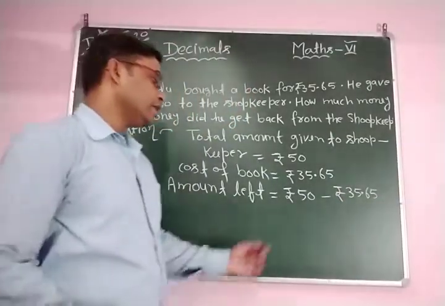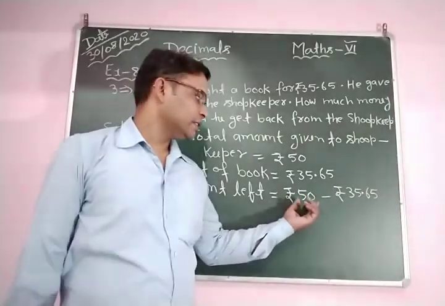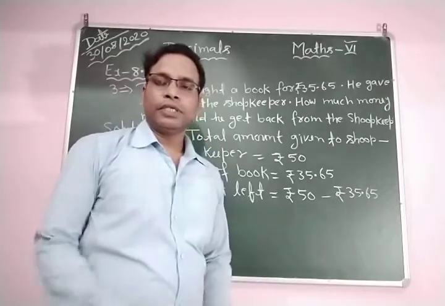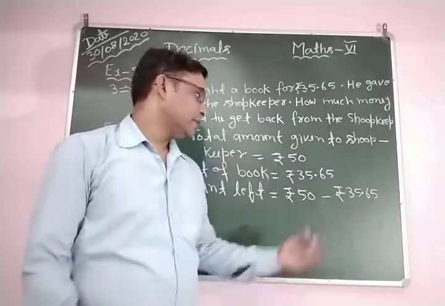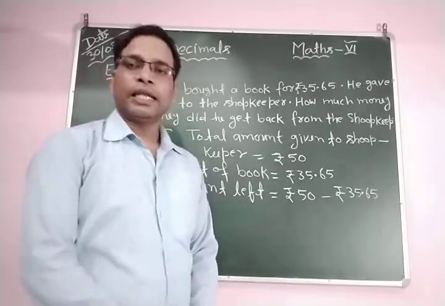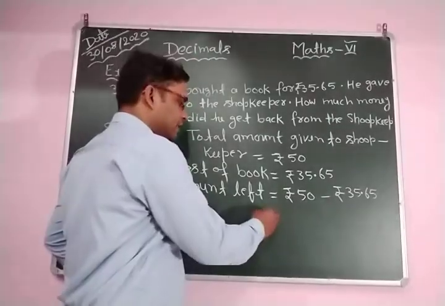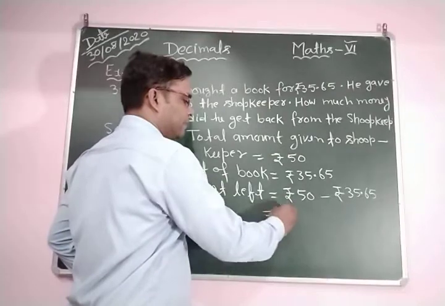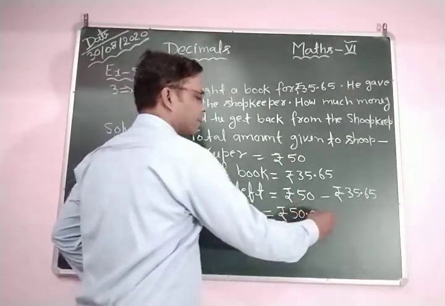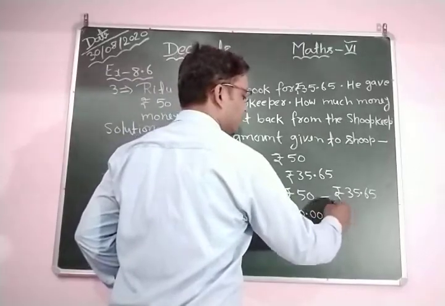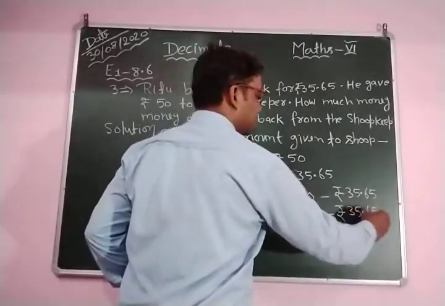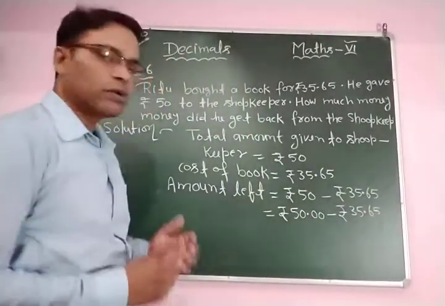Here you can see that in this decimal number there are 2 digits after the decimal, but here there is no digit after the decimal. So first we make it a decimal. For this we can write 50 rupees .00 minus rupees 35.65. So how can we subtract it?